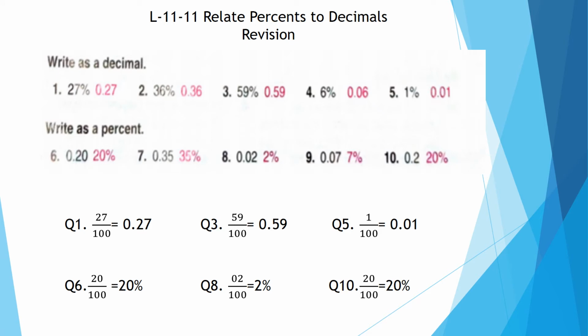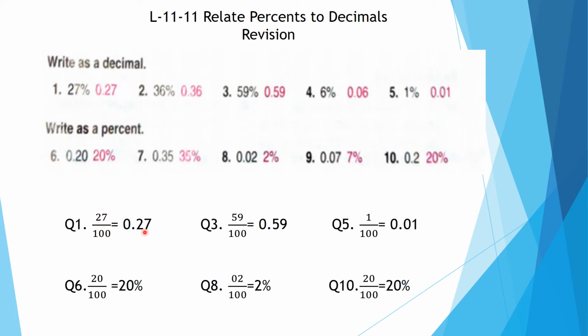You can see in this one, 27% as a decimal. All the answers I just write, because you can solve and check your answers. Here you can see I just solved a few questions. 27%. What is the meaning of 27%? 27 by 100.